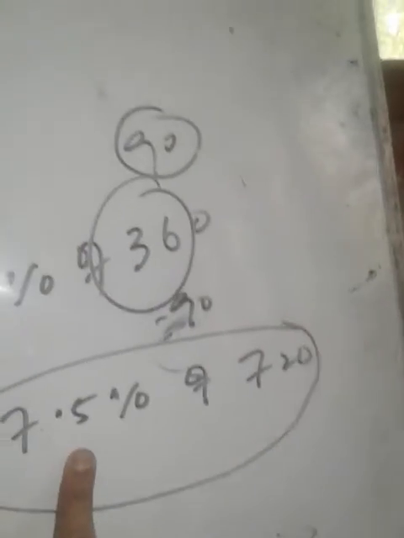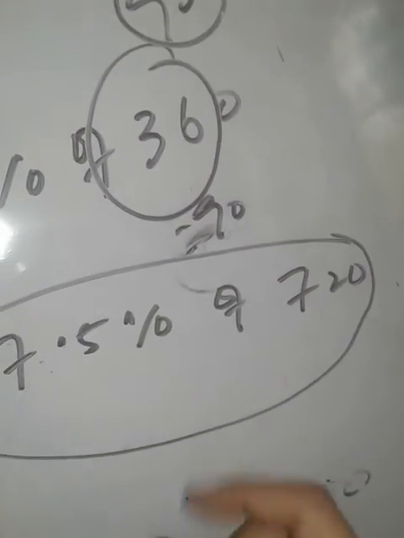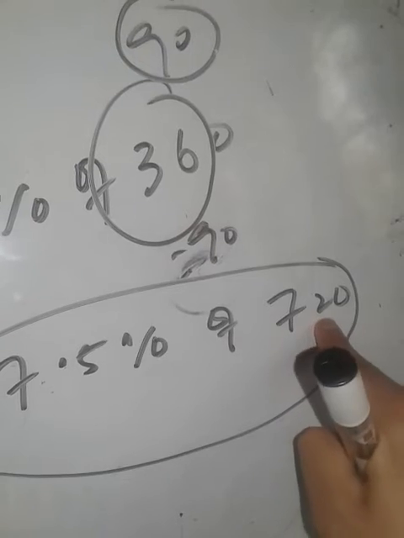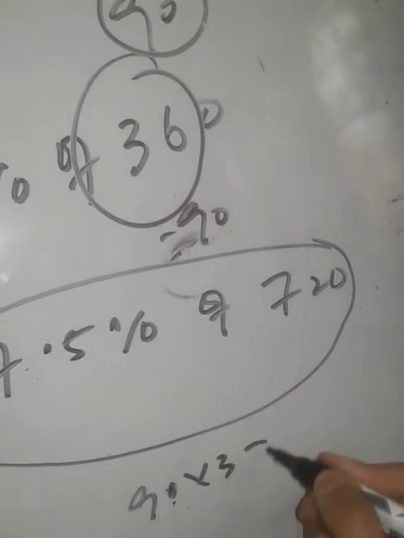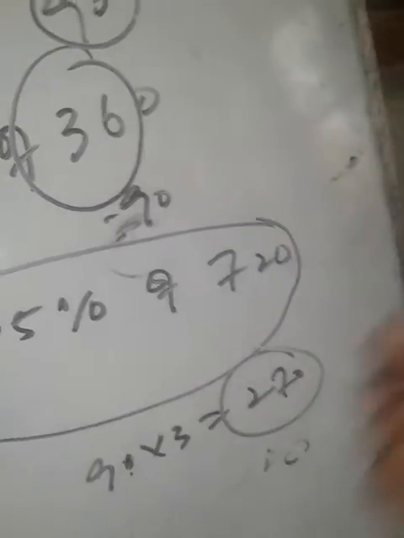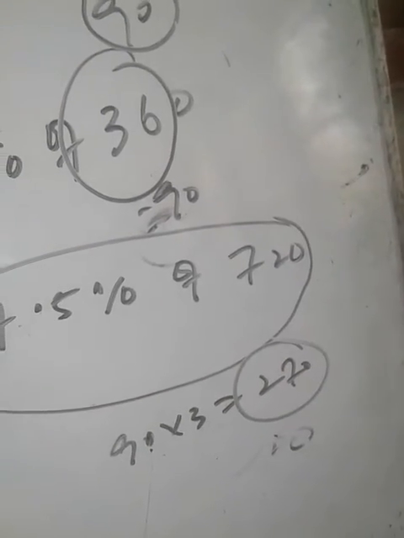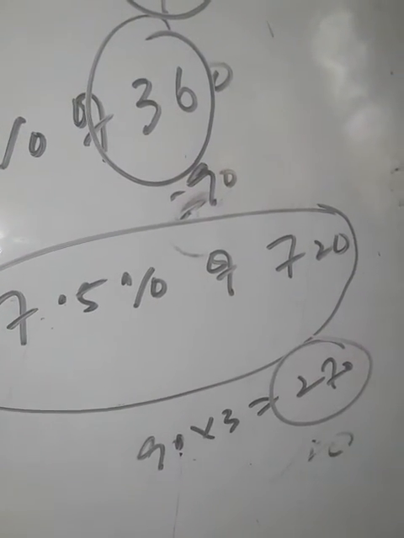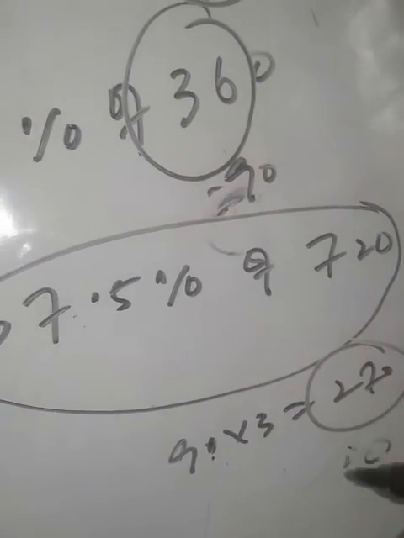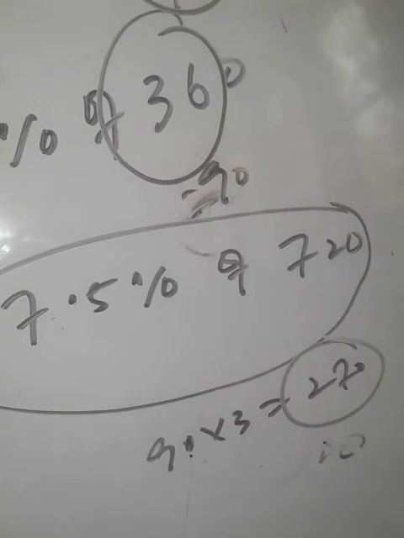Simple. 37.5% represents 3 by 8. So 8, you just cancel out by 8. It is 90 into 3. This is 270. Simple. So I hope you will understand this, and you will find this percentage table very useful.